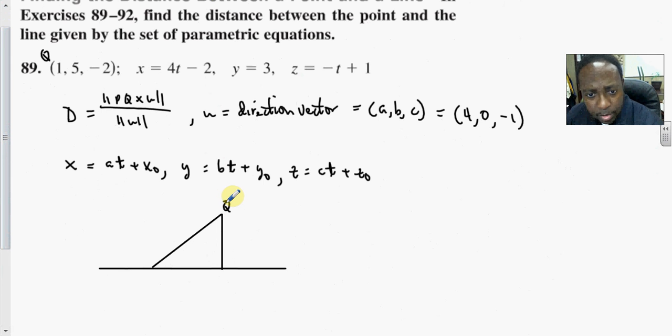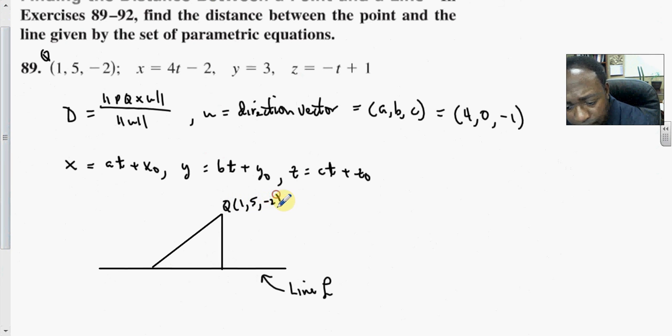This is Q. This is the line L that's represented. Here Q is 1, 5, -2. This is the point P. P is a point on the line.